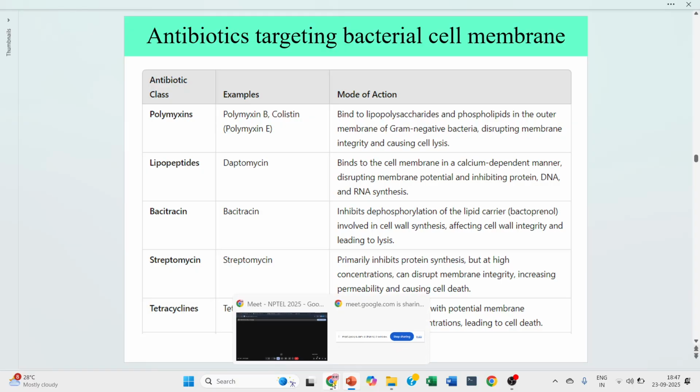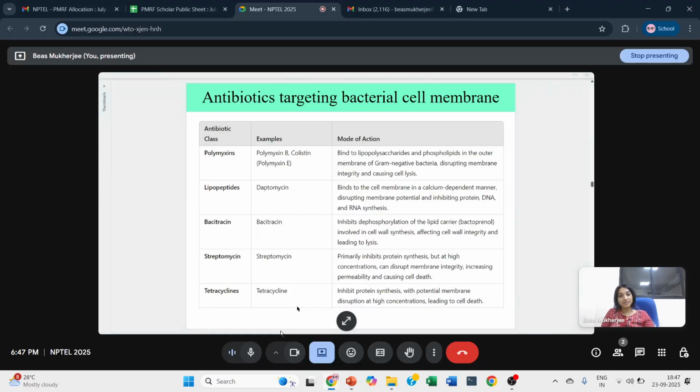Some of the different classes of antibiotics are given here. The antibiotics targeting the bacterial cell membrane are normally polymyxin. So what is polymyxin? Polymyxin binds to the lipopolysaccharide and phospholipids in the outer membrane of the gram-negative bacteria.